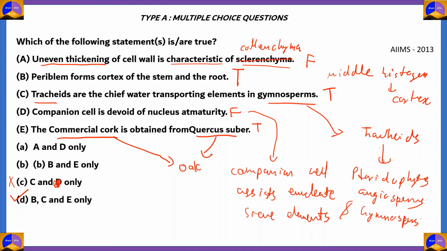So C is incorrect. Again, in option B, there is no mentioning of statement C, which is correct, and the question says only. So since C is also correct, this option is incorrect. And finally, in option A, we have statement A being said to be correct, which is not true. So the right answer is option D. Statements B, C, and E only are true.